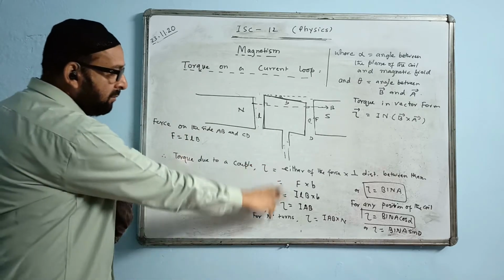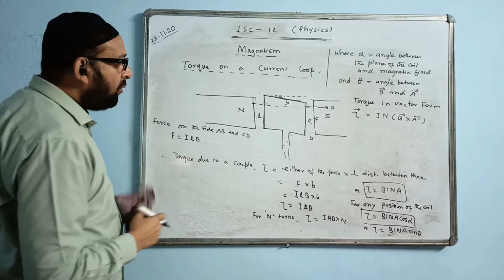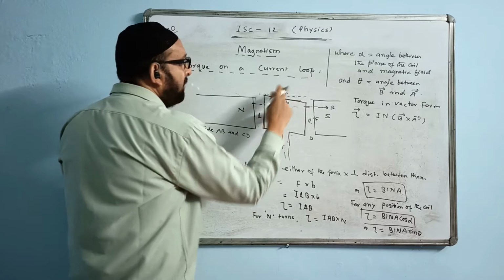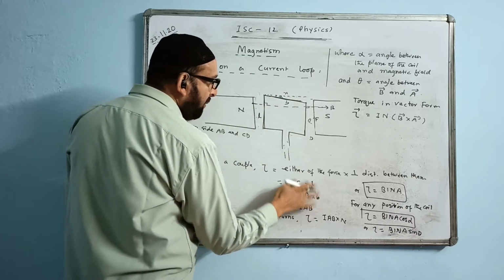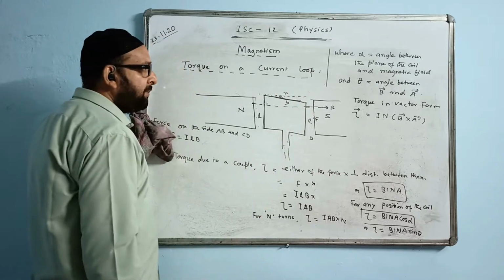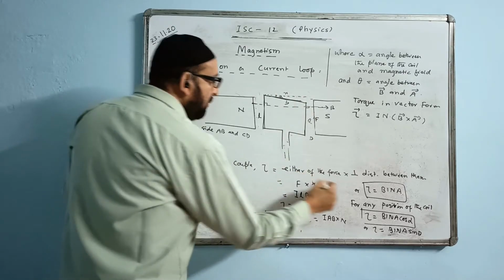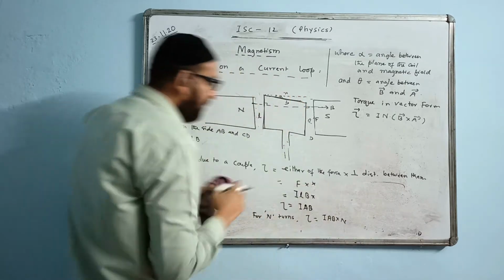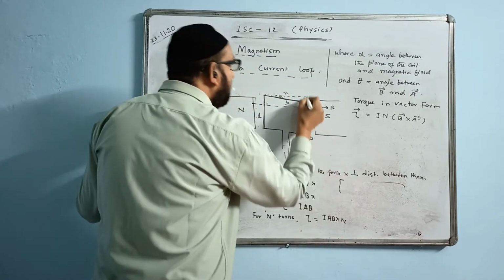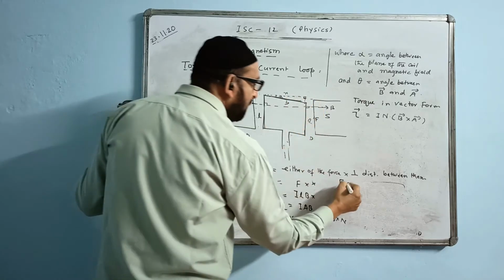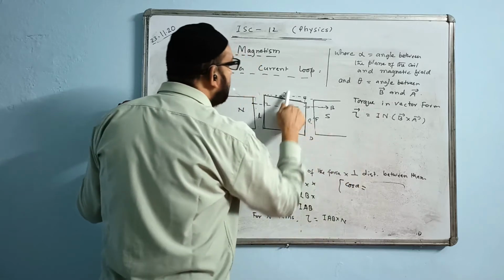So the formula will be F into this distance, which I take as X. This is the perpendicular distance. Using this 90 degree angle, cos alpha will be base by hypotenuse.